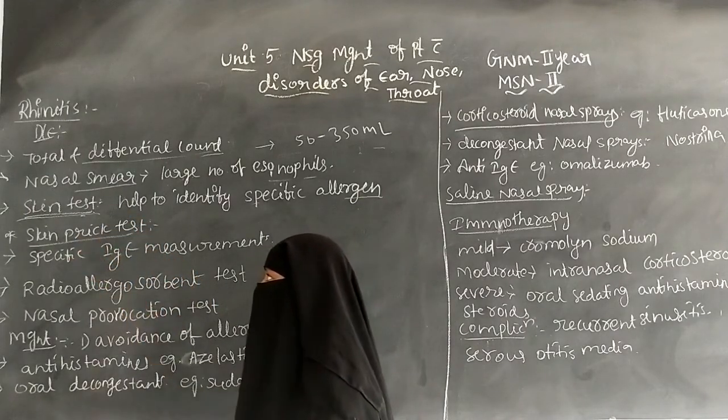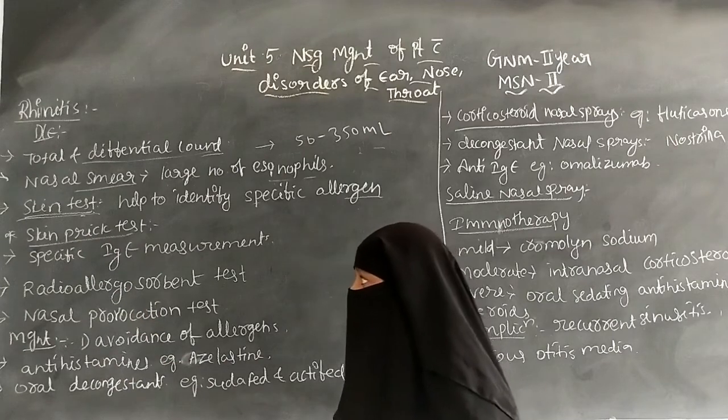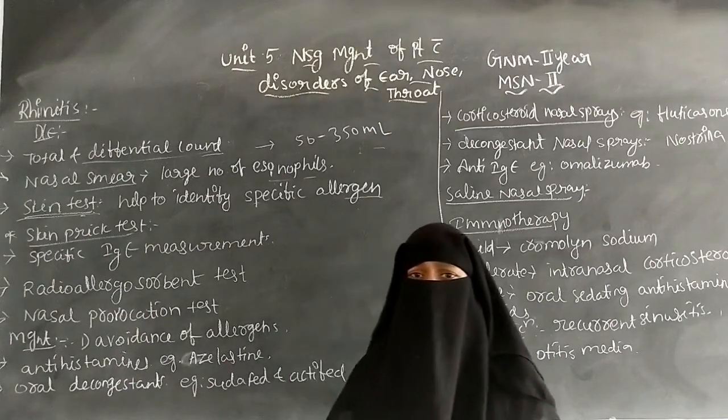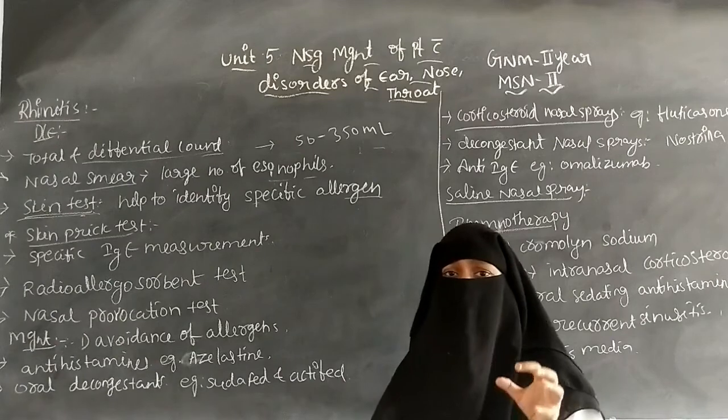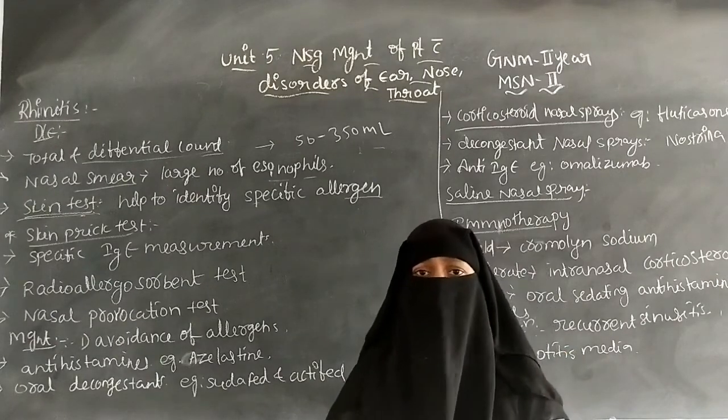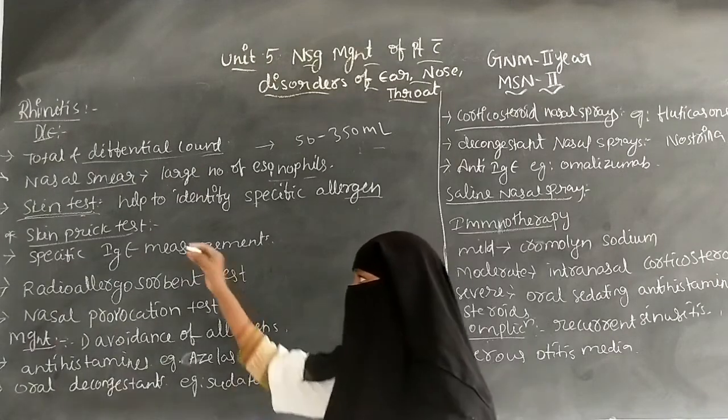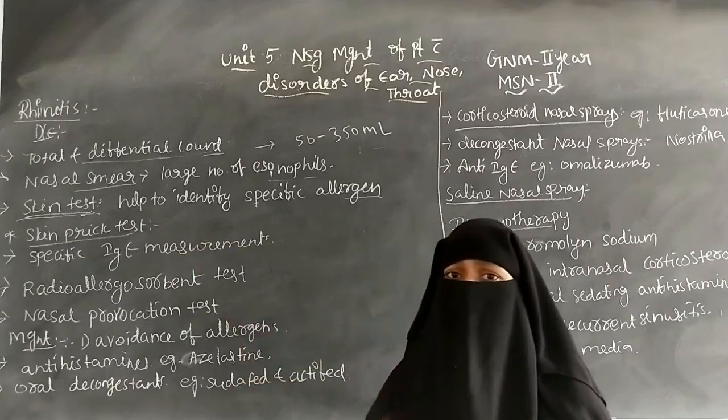The next one is the skin prick test. A skin prick test may be performed by pricking over the skin of the forearm. By the skin prick test we can identify the allergen.